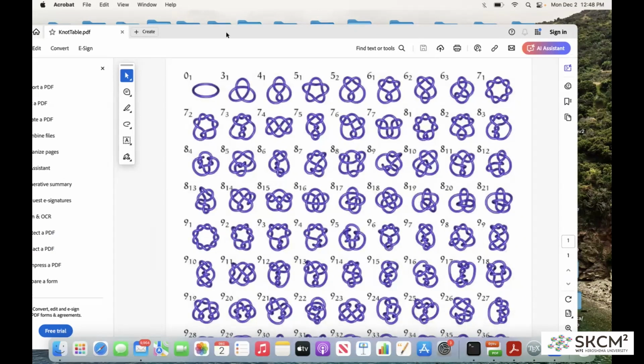We've done 3_1, 4_1. You could do 5_1. If you did 5_1 and you wanted to see what would happen to the bracket of that, it would go down to an unknot if you smoothed it one way, and if you smoothed it the other way, it would go down to a trefoil.